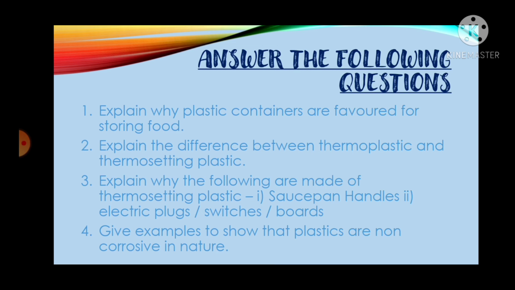Thermosetting plastic cannot be bent easily, whereas thermoplastic can be bent easily. Thermosetting plastics are polymers in which cross-linked arrangement is made, whereas thermoplastics are long chain polymers with no cross-linking. Example of thermosetting plastic is bakelite and melamine, and example of thermoplastic is polythene and PVC.